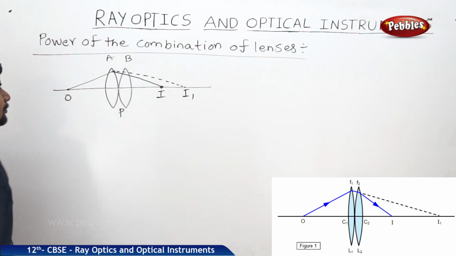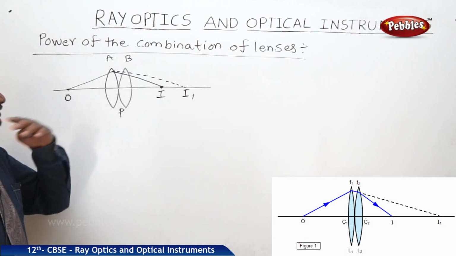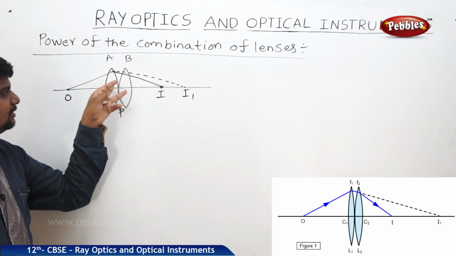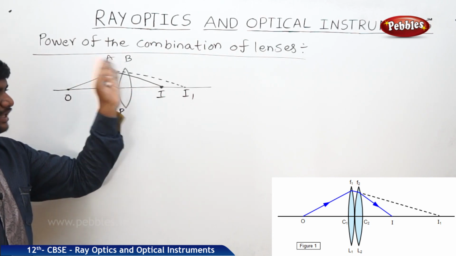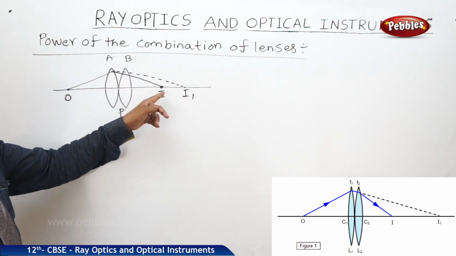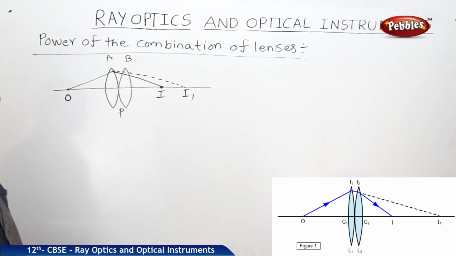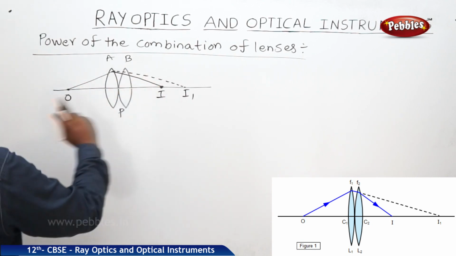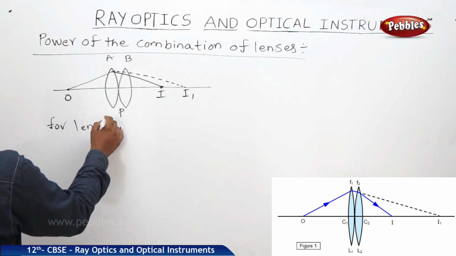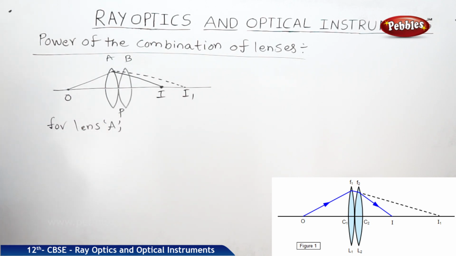This combination of lenses will create the image first, and this image will become the virtual object for the second lens. Like that, this process will be continued. So for the first case, O A I: for lens A, O is the position of the object, A is the lens, I is the position of the image.